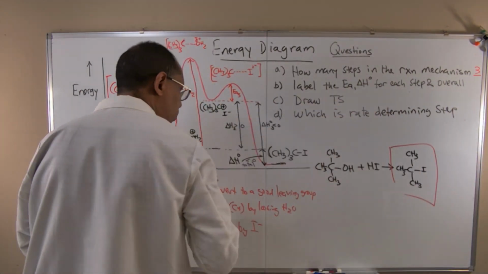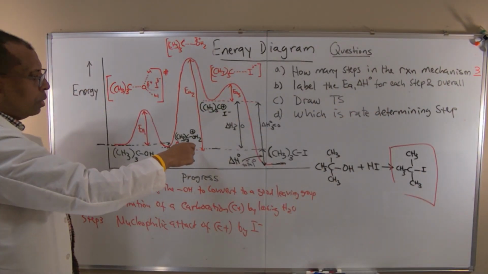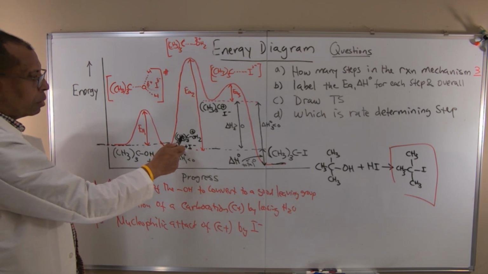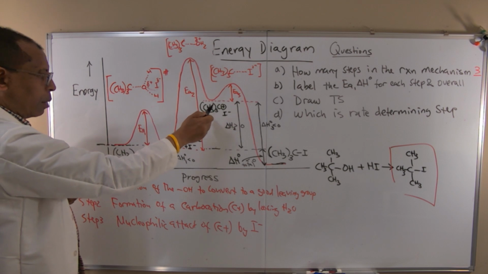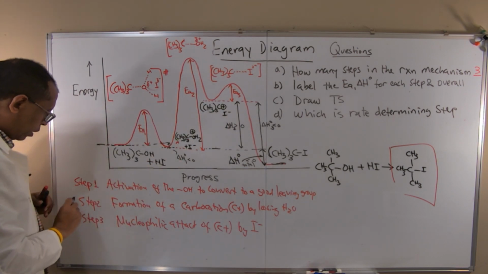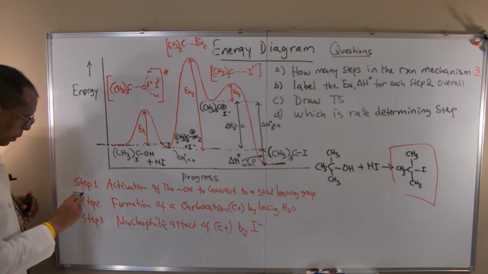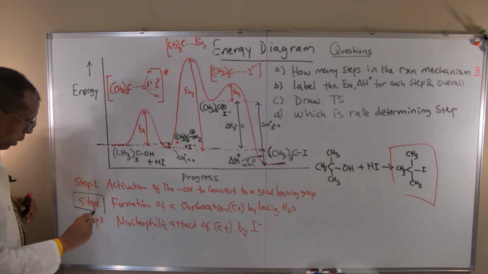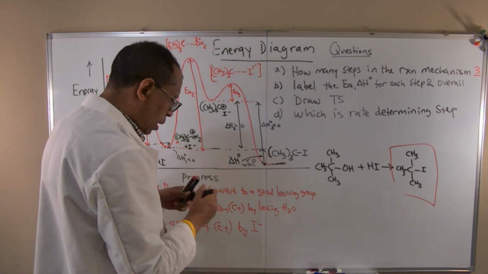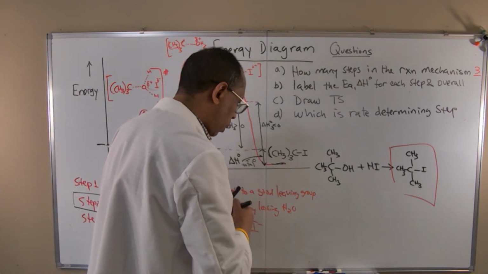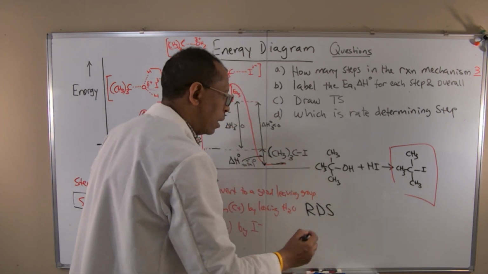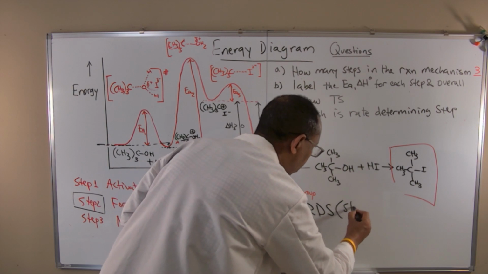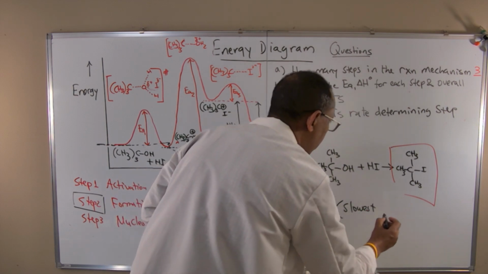So that is EA2, where the water molecule leaves and forms a carbocation. Carbocation formation, step 2, is the rate determining step. We call this the slowest step.